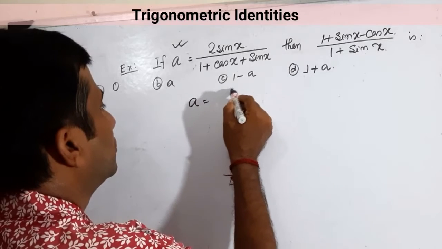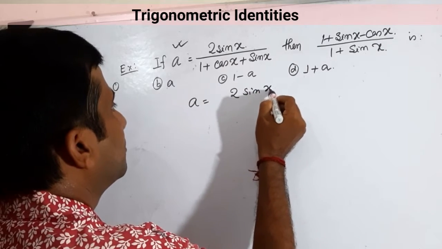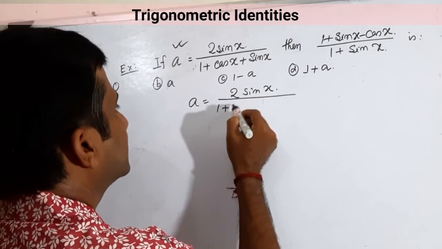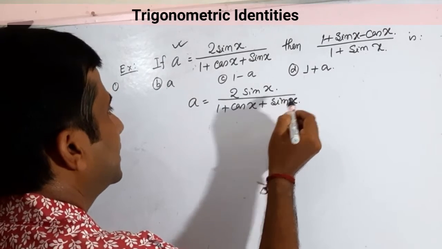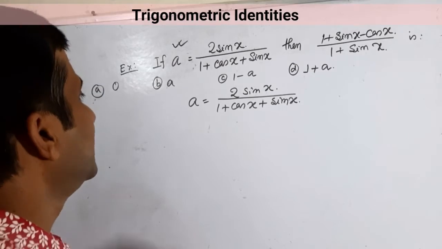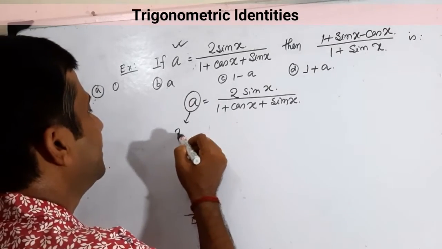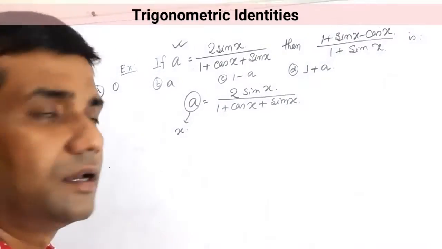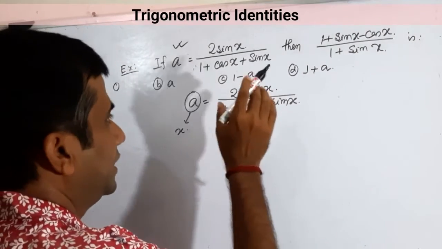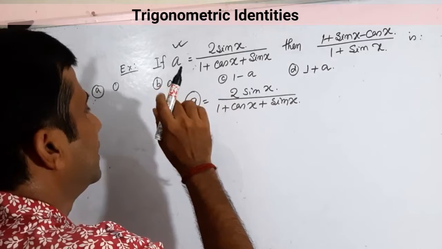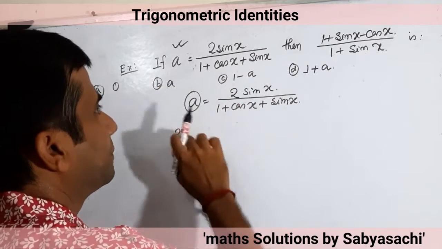A is equal to 2 sin x by 1 plus cos x plus sin x. This a is independent of x. It is a constant. So it is an identity. Any value will satisfy this equation.